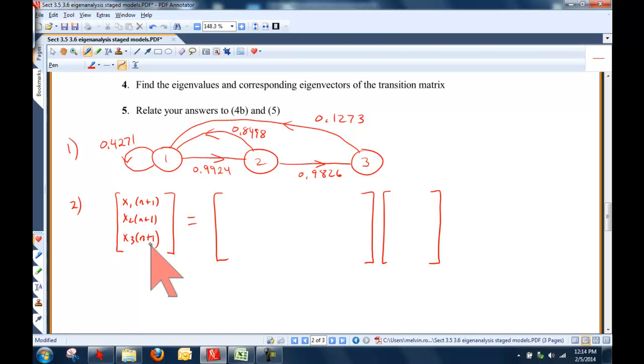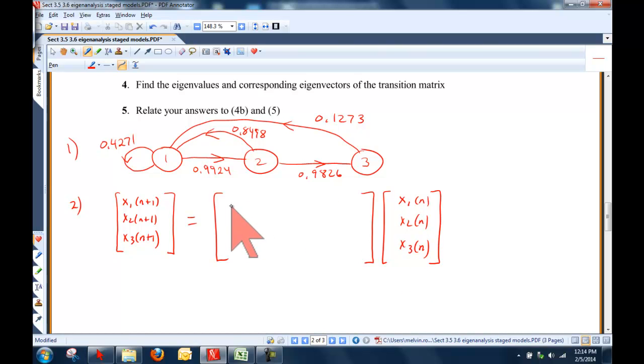And I'm trying to write those in terms of x1 of n, x2 of n, x3 of n. So the net population at the next time stage in terms of the population at this time stage.